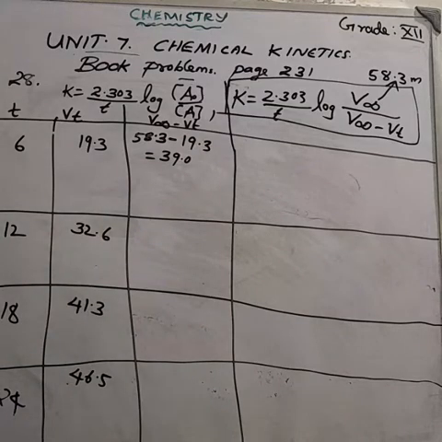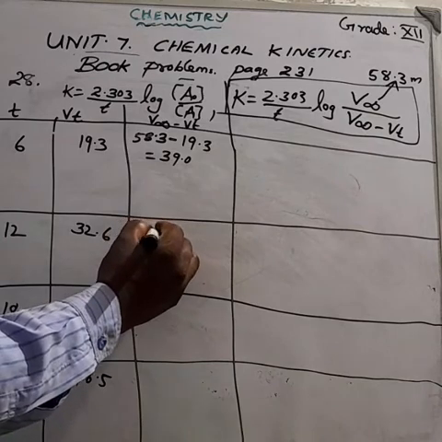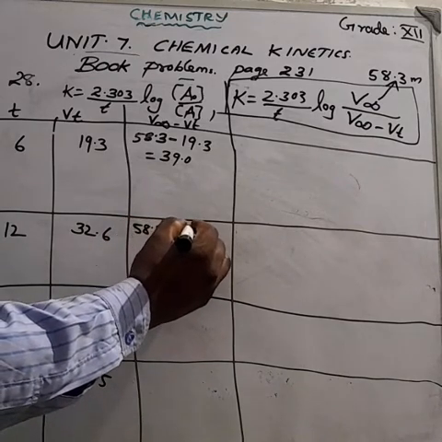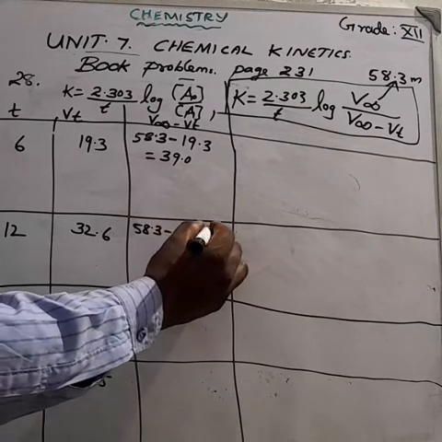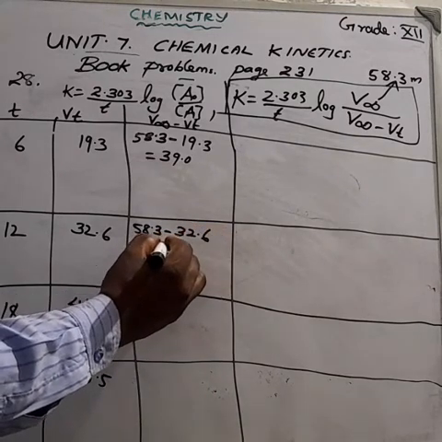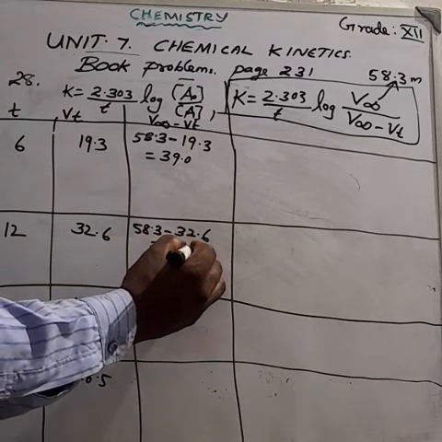For 12 minutes, 58.3 minus Vt value 32.6 is approximately 25.7.